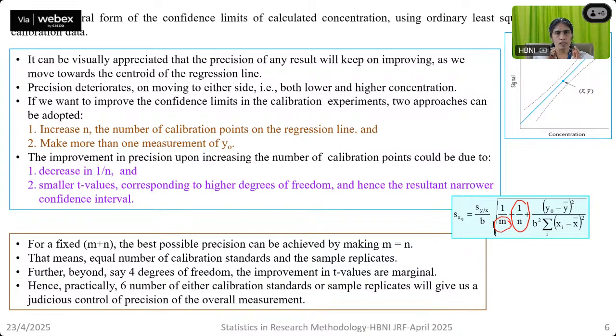So if you are participating in a particular exercise wherein you want to prove yourself or demonstrate your quality of data, 6 is a good enough number to do practically and get enough quality data.